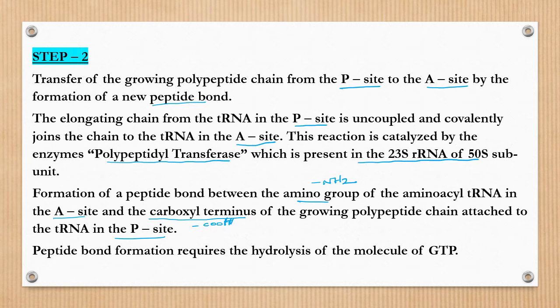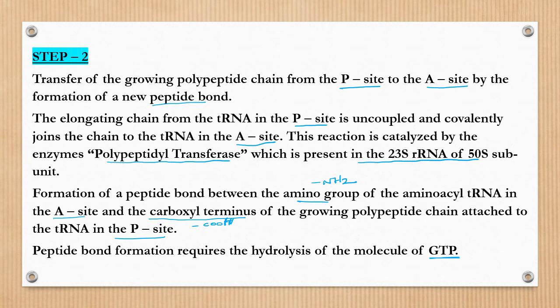The peptide bond formation requires GTP, guanosine triphosphate. By hydrolysis of this GTP, the peptide bond formation occurs between the two amino acids.